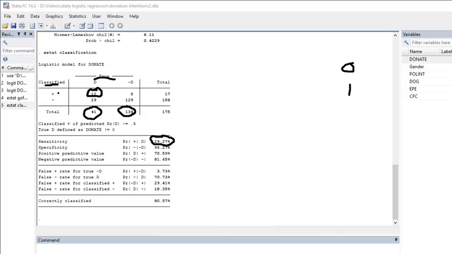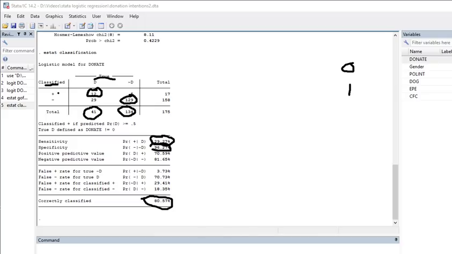Now over here, you can see that 129 people were predicted by the model to express an intention not to donate. So we had 129 out of 134 that were correctly classified based on the model. And so you can see we had an accuracy rate of about 96% right here. So you can see that overall, the overall accuracy rate was about roughly 81%.